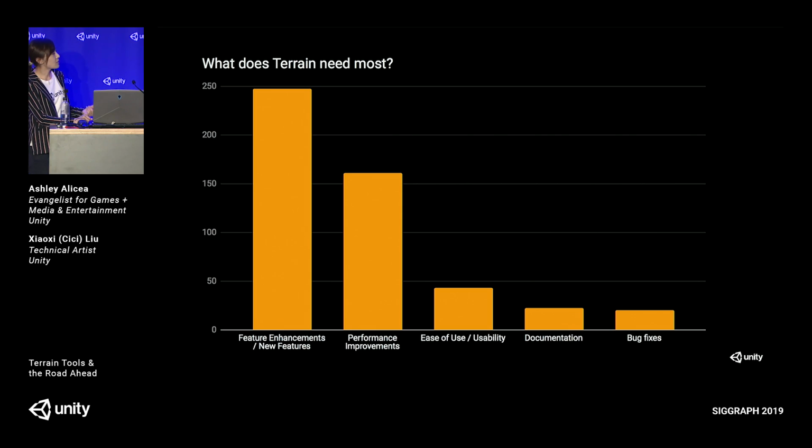Definitely feature enhancements and new features were the most requested, as well as better performance in the terrain engine, which was not a surprise to us because the terrain tools in the editor at the time were fairly old. So our users were mostly relying on third-party solutions for making terrains.